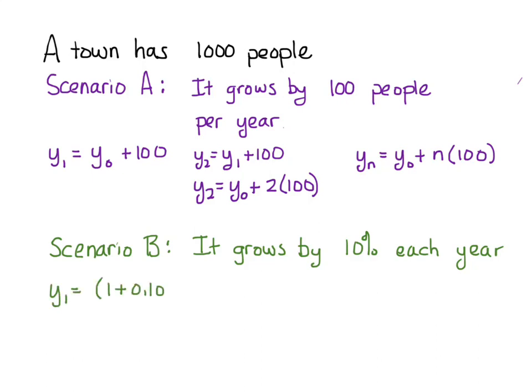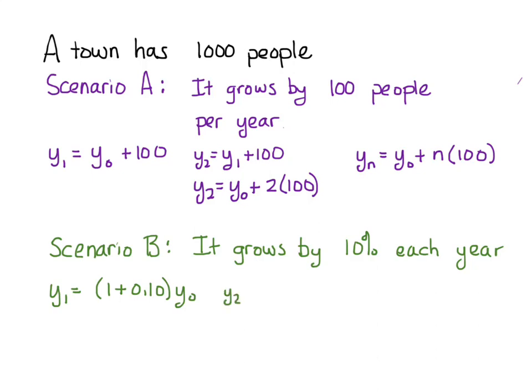Second scenario, we get similar formulas, but they work a little differently. We're going to take a 1, which means we keep the initial population, add 10% to it, and multiply by that initial population to get the population at year 1. So in our case, if we have 1,000 people, we multiply that by 1.1 and we get 1,100, which would be the population at the end of the first year.